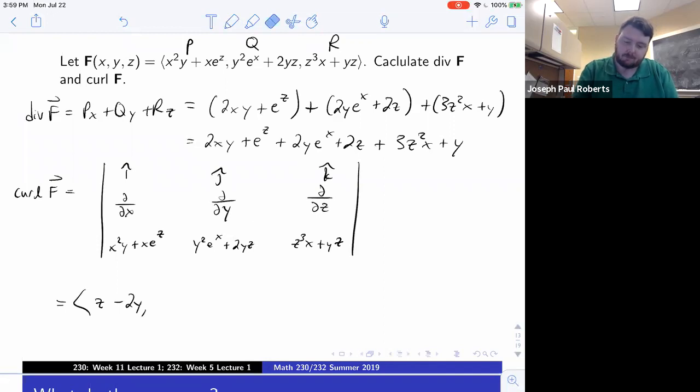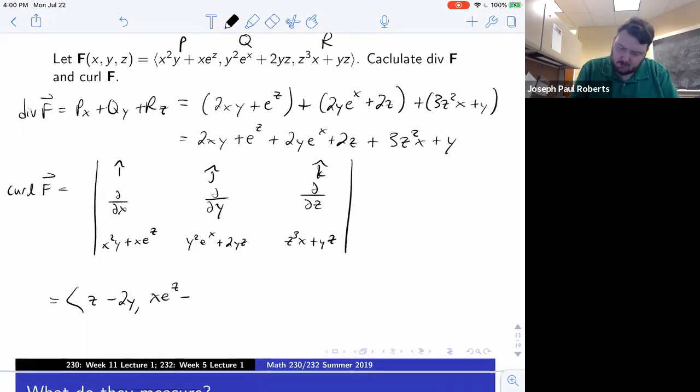Then the z partial of P is x e to the z minus the x partial of R is z cubed, and then Qx minus Py is y squared e to the x minus x squared.